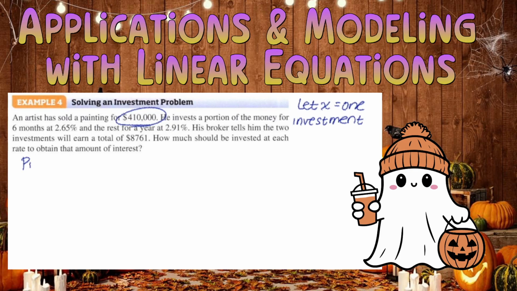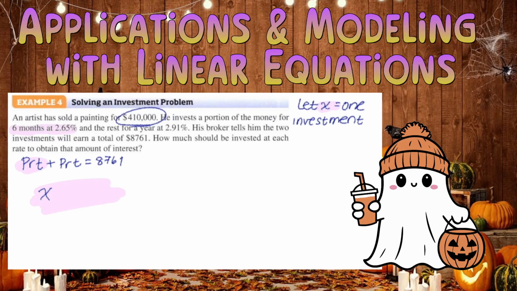So I said I need PRT of the one situation plus PRT of the other will equal the 8,761, right? So X is going to be the principal in one of my investments right here. So let's color code everything. Let X be one investment, and that'll be the one for 6 months at 2.65%, okay? So that is going to go here.